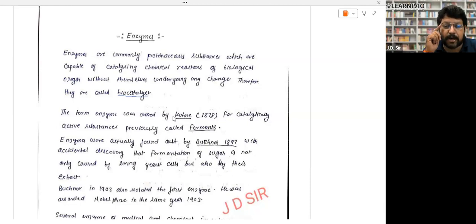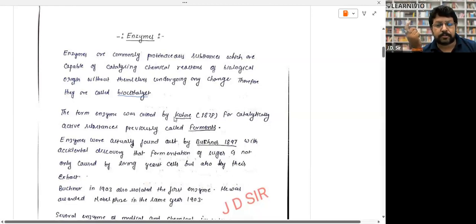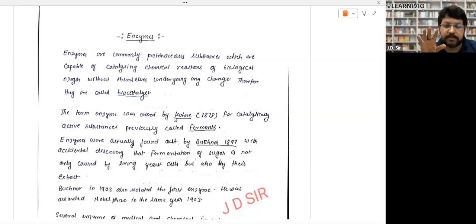For example, our skin is made up of a protein called keratin, right? Milk has a protein called casein that gives the white color to the milk, right? So that is also a structural protein. Proteins have various roles, but all enzymes are made up of protein.